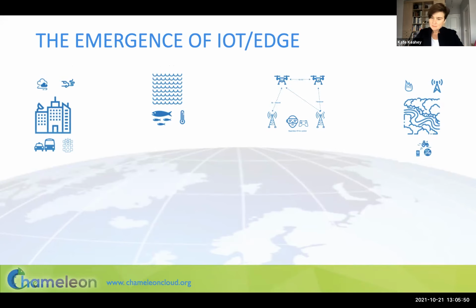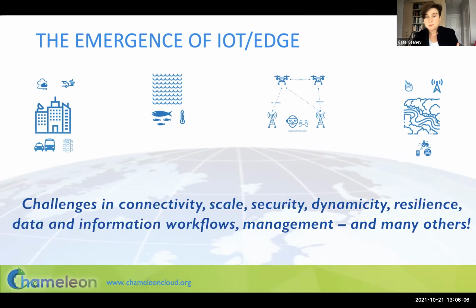But in building this scientific instrument that spans the globe, we have only made the first step. There has been the breakthrough that developed the Internet of Things and edge devices. But to really build this instrument, we have to explore issues of scale, of connectivity with those devices, which is often very intermittent, security, interactive dynamicity, resilience, data management.